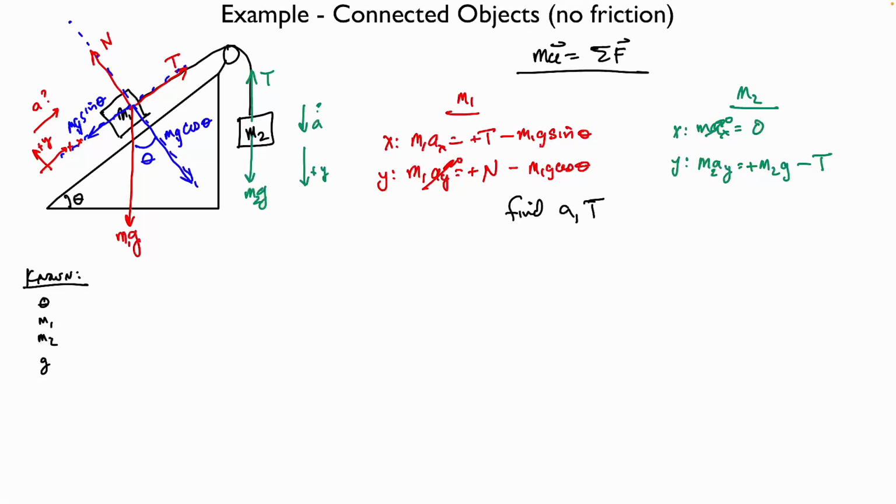So if we choose positive x to be in the same direction as our acceleration, what does that automatically mean for y? 0. Okay. Which means that this equation right here just is normal force equals m1g cosine theta, but we didn't want to know anything about normal force, so that was a waste of time. Okay, it wasn't. It's coming up next chapter.